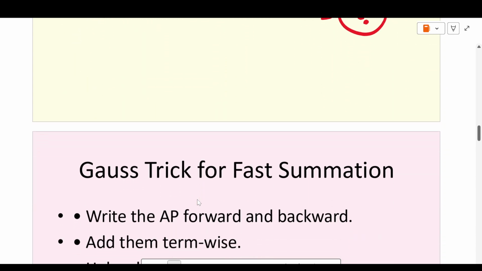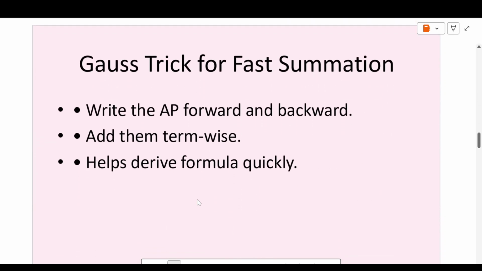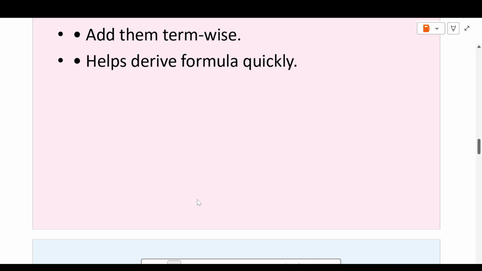Now we are going to use the Gauss trick for fast summation. What is the Gauss trick? Once upon a time, a problem was given to Gauss, right?